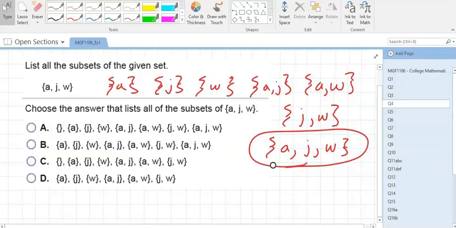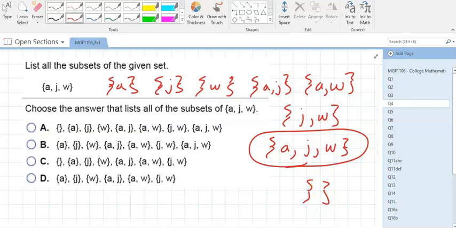Everybody else that I listed before it is a proper subset because they're not equal. And then there's one more. The empty set is always a subset of the original. So which one of the answers is it? A. Because that is the one with all the subsets I have listed out.